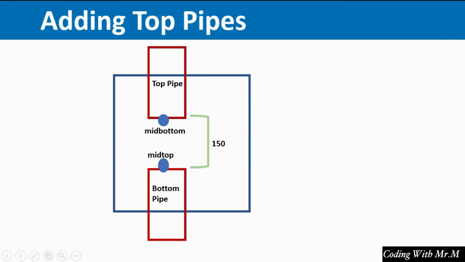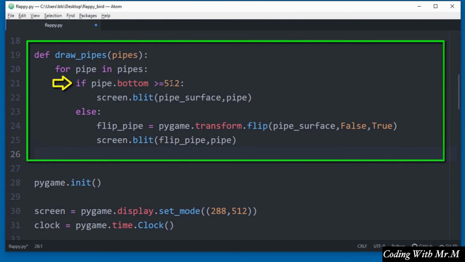If we take a look at this diagram, only the bottom pipe can reach the bottom of the display surface screen.